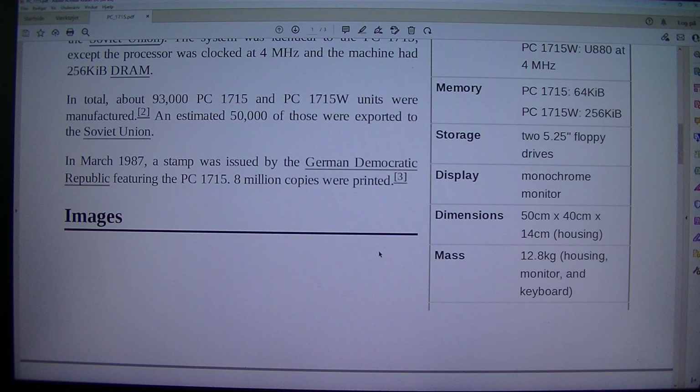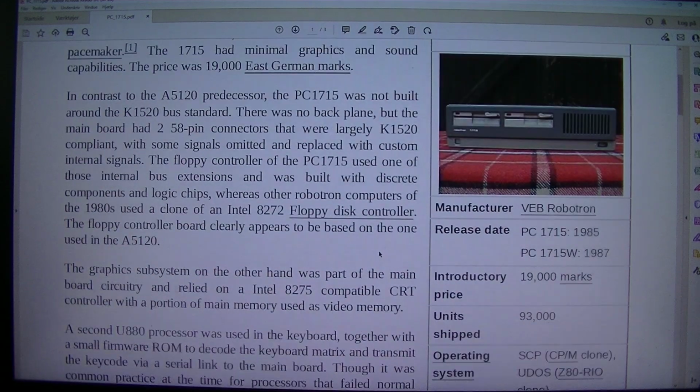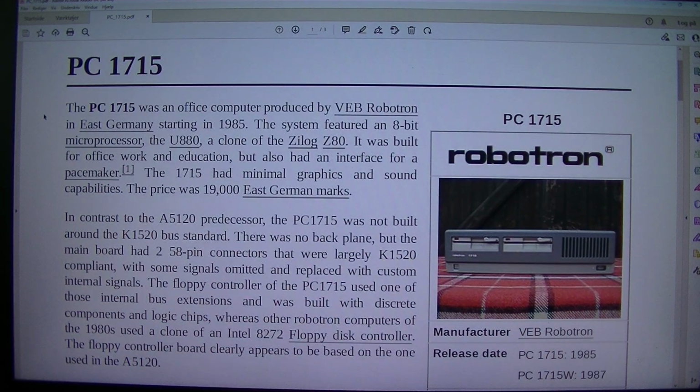Mass 12.8 kg, housing monitor and keyboard. The PC 1715 was an office computer produced by VEB Robotron in East Germany starting in 1985. The system featured an 8-bit microprocessor, the U880, a clone of the Zilog Z80. It was built for office work and education, but also had an interface for a pacemaker.